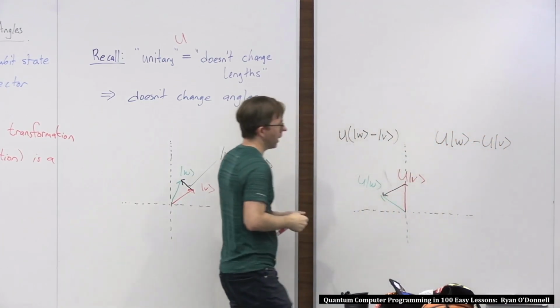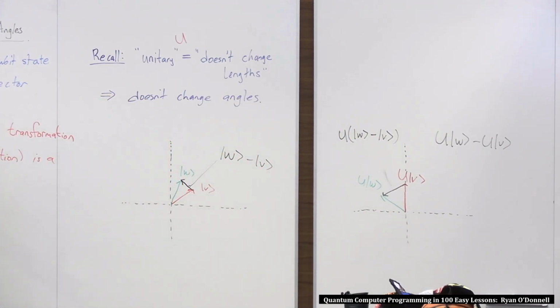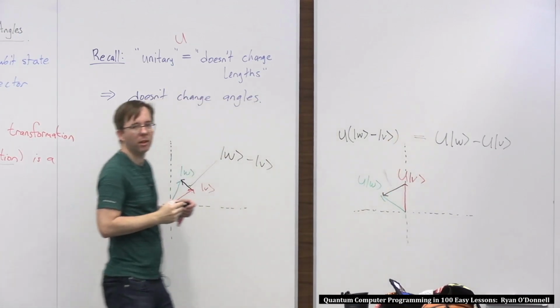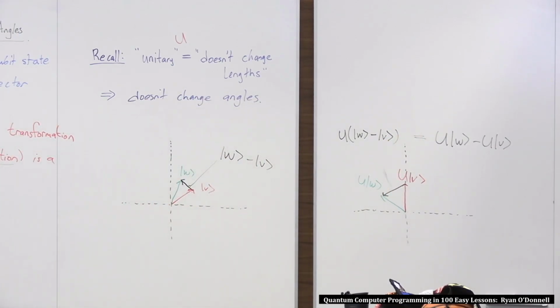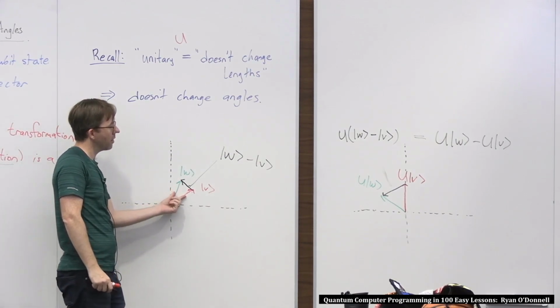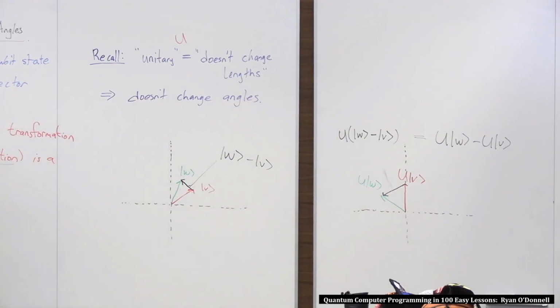That's what this black vector really is. But because u is a linear transformation, these two things are equal. That's basically the definition of being a linear transformation. So not only does it fix the length of these two vectors, it has to fix the length of the vector connecting their tips, and then it's pretty clear that it has to preserve their angle. So this angle change is impossible.